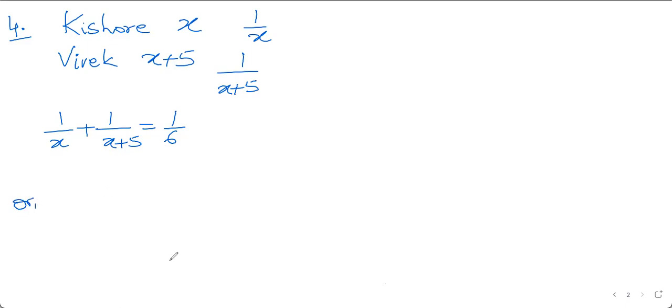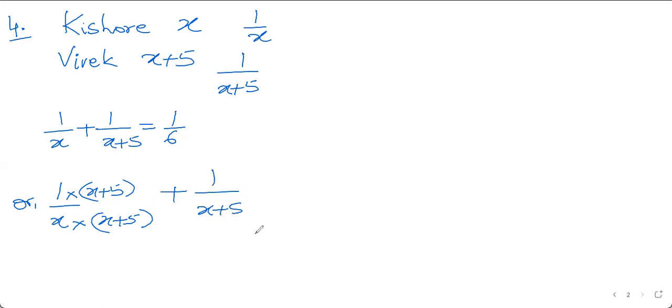If you do not understand the LCM method, then you will understand this. We will multiply the numerator and denominator of 1 by x with x plus 5, and we will multiply the numerator and the denominator of the other fraction by the denominator of the other fraction, which is x. Be careful about your brackets.